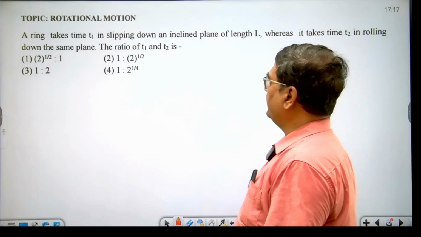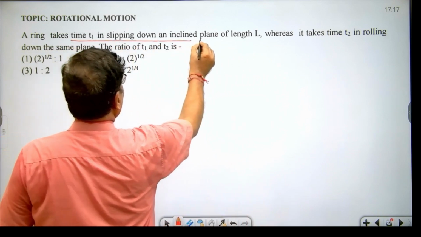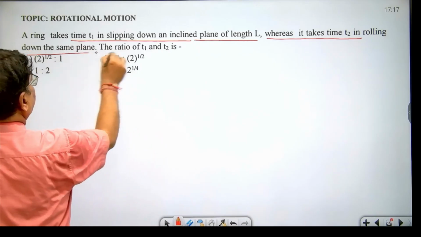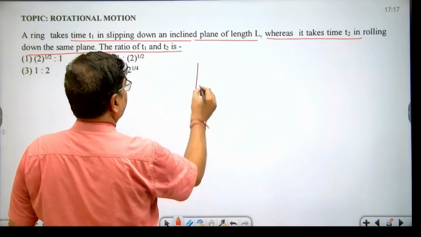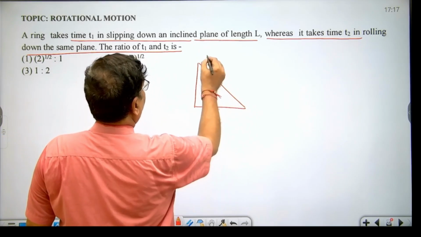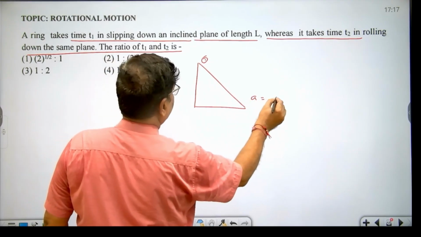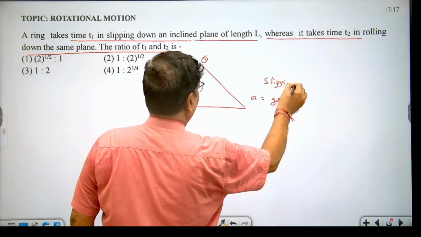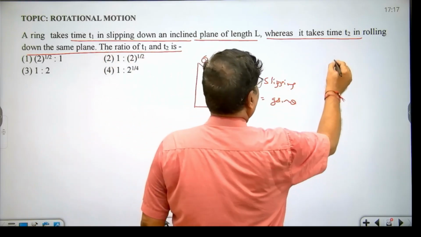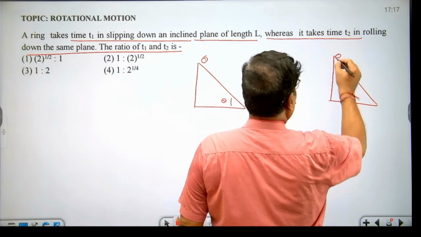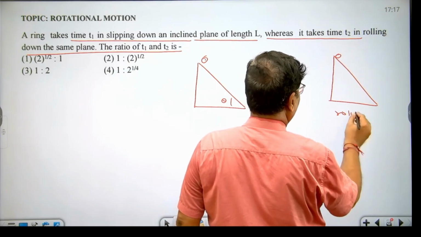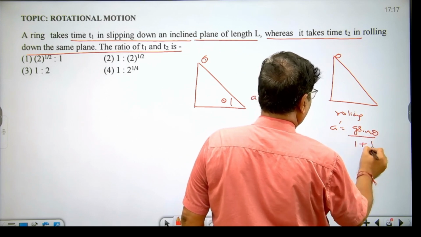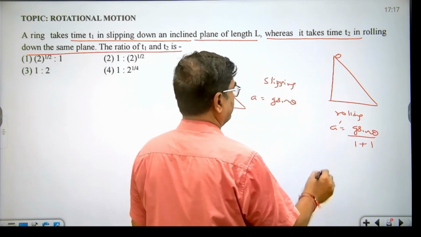A ring takes time t1 in slipping down an inclined plane of length L, whereas it takes time t2 in rolling down the same plane. The ratio of t1 and t2. First find, this is the acceleration for slipping, and this is the acceleration for rolling. g sin theta upon 1 plus k square upon r square. This is the case of ring.